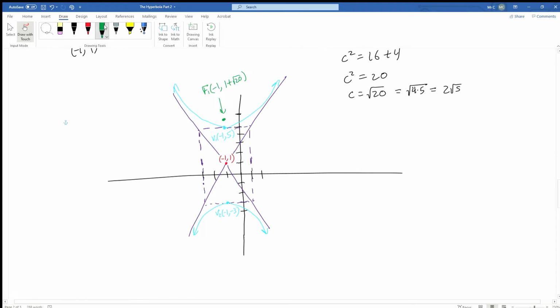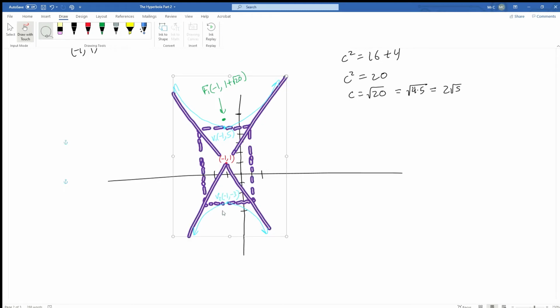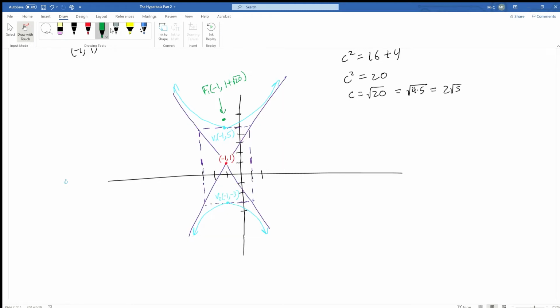Now similarly, when I go to plot my focus down here, I'm going down that distance of c from my center. So that's going to be roughly here. It's going to be (-1, 1 minus the square root of 20).